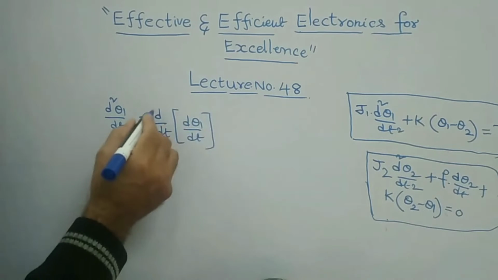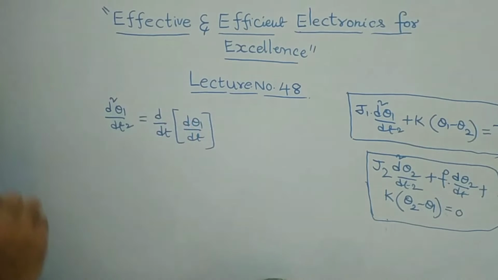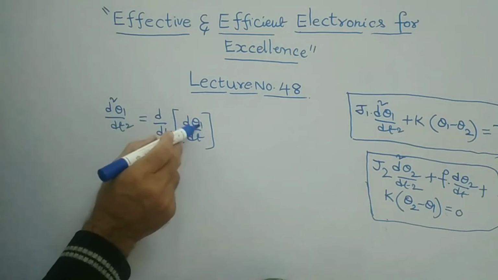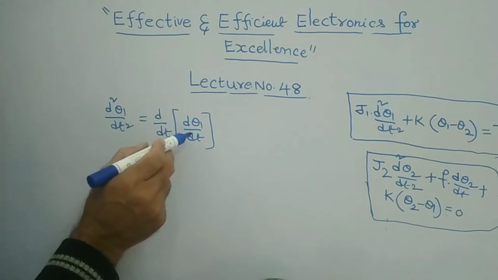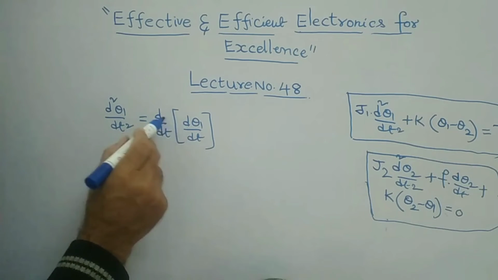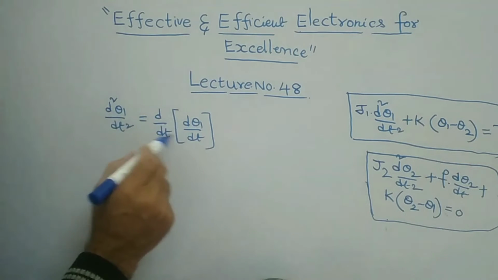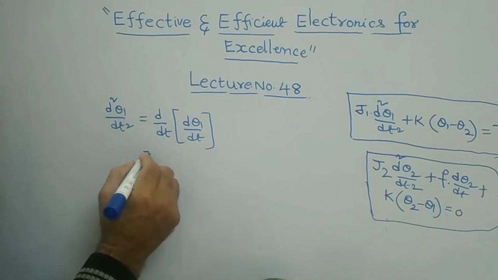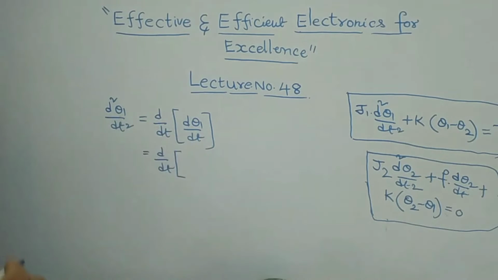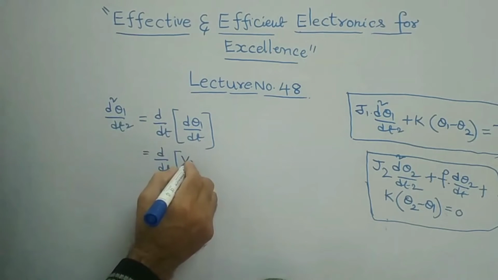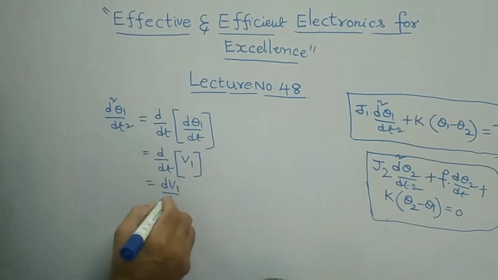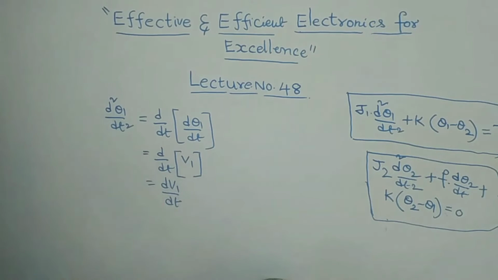First theta 1 is there, so you calculate d theta 1 by dt; if you apply another d by dt, that is d square theta 1 by dt square. Clear? This is further equal to d by dt of d theta 1 by dt, which is nothing but v, or v1, so it equals dv1 by dt. Clear?